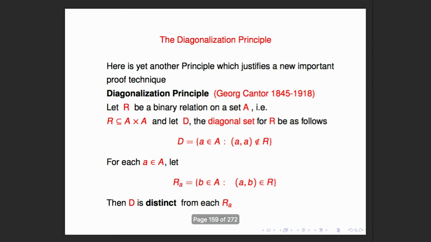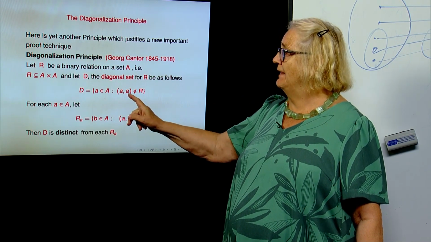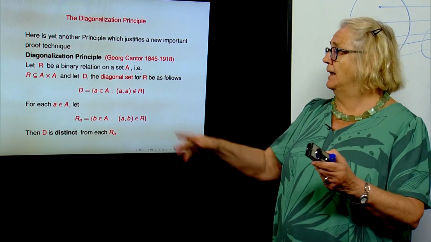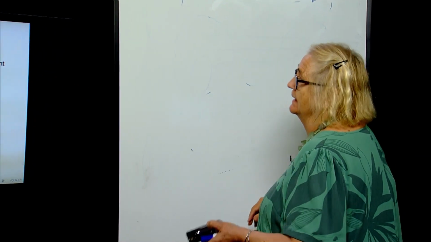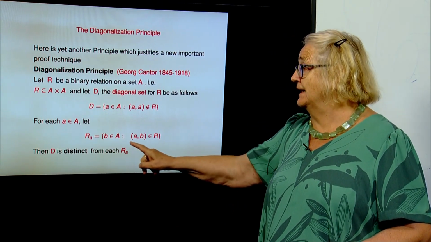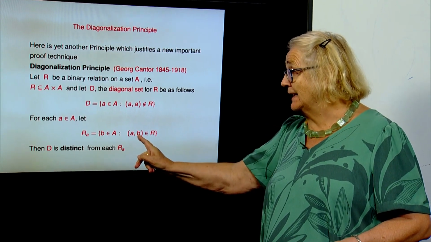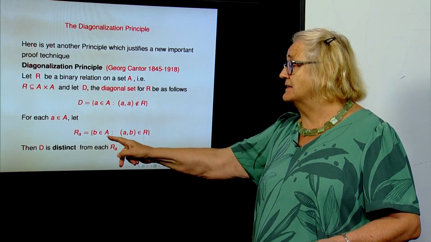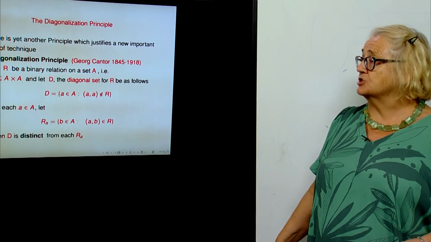It says really that if you have a binary relation and you imagine all these pairs, and you take the set of elements A such that the pair (A, A) does not belong to R. If you take the set Ra, the set of B such that (A, B) is in R, that set is distinct from all the rows of that relation.